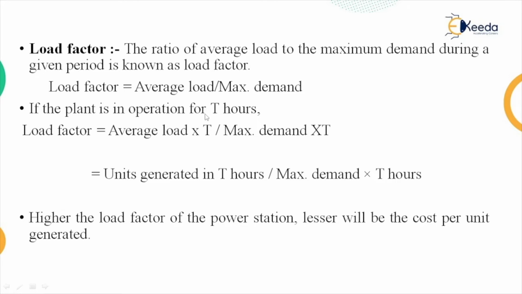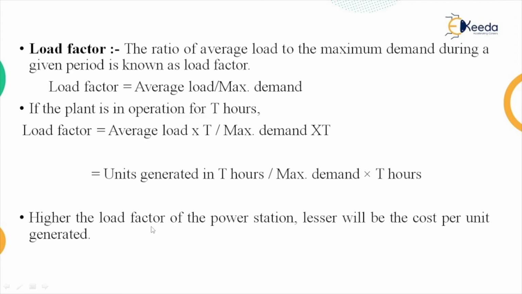If the plant is in operation for T hours, then load factor is equal to average load into T upon maximum demand into T. Average load into T is the unit generated in T hours, where T is a particular time, whether it is 4 hours, 5 hours, 8 hours or 24 hours.